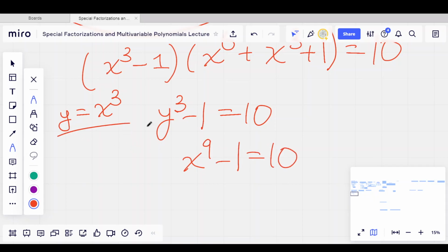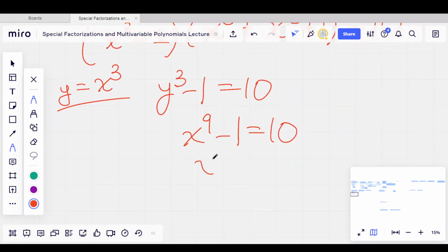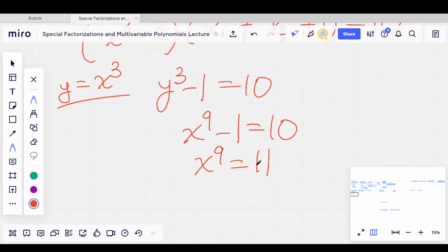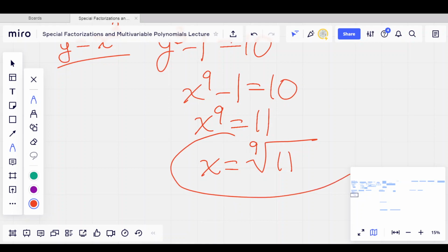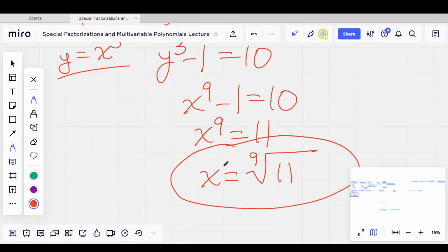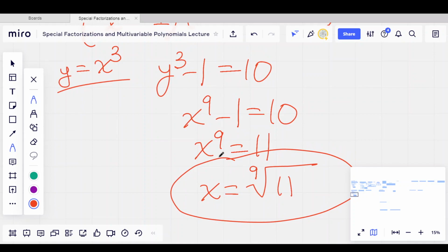We're letting y equals x cubed here. And then adding gives this. And then we have the answer. So the 9th root of 11. So we can use a lot of basic stuff to solve complicated problems.